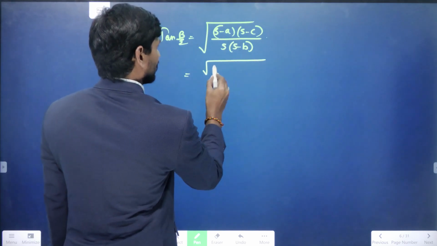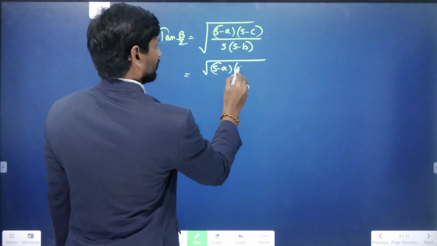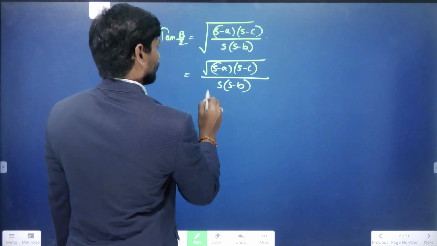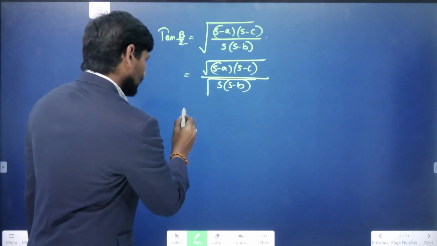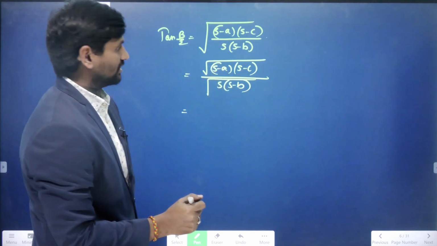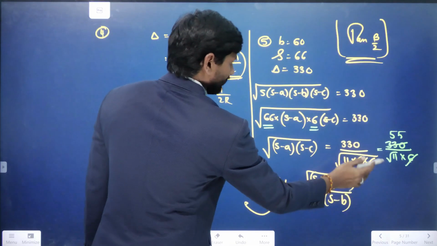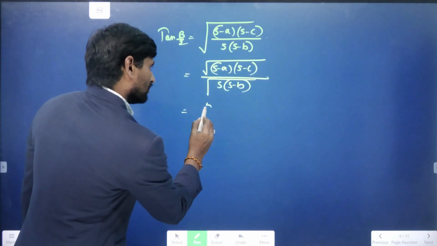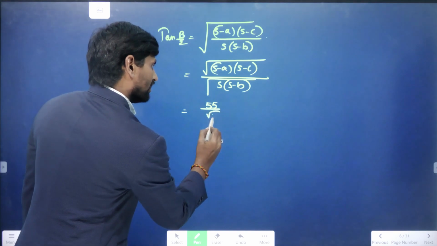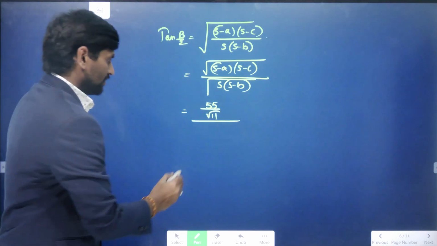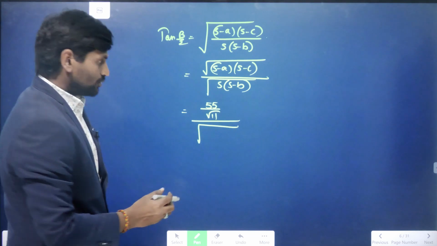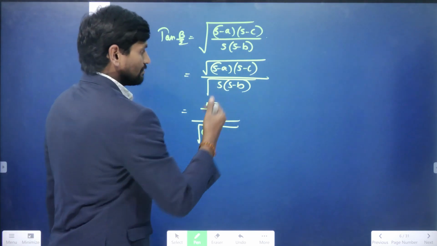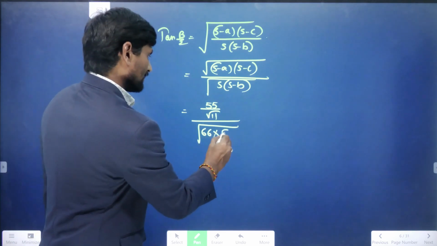So let me write like this: S minus A into S minus C divided by S into S minus B. Okay? That is equal to this value we got, 55 by root 11, divided by root over S value, which is 66 into S minus B. S minus B value is 6.